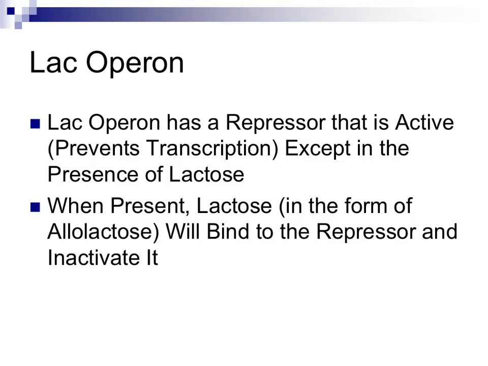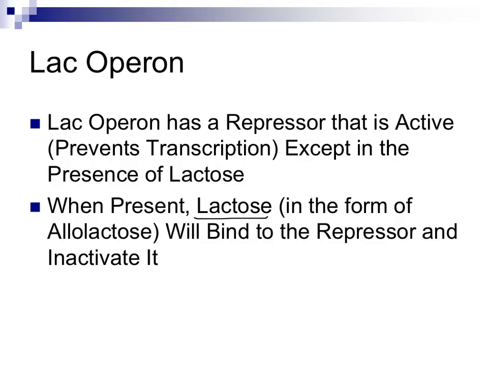So in this particular case, the repressor is only going to be inactivated in the presence of lactose. Another way to say that is the repressor is active unless you have lactose around. When present, lactose will bind to the repressor and inactivate it.